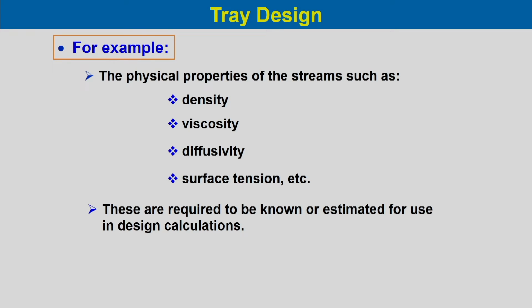So, the physical properties either have to be available in the literature or have to be estimated. If it is an unknown solvent, unknown gas or unknown liquid mixture, these properties have to be measured or estimated using certain empirical correlations.